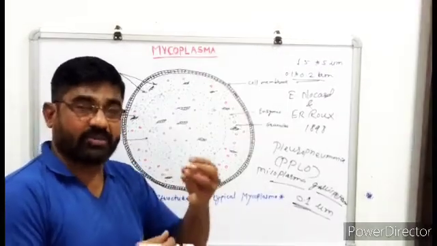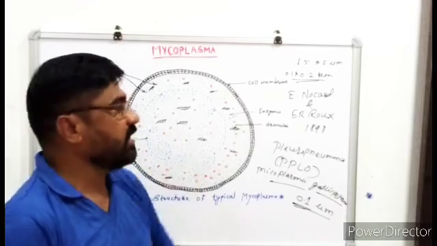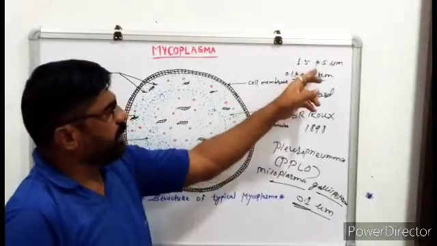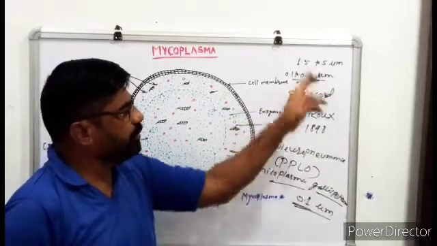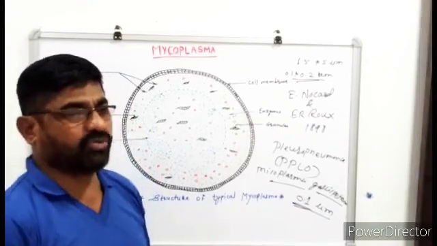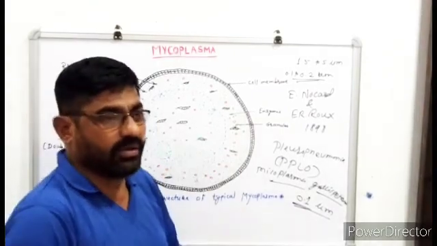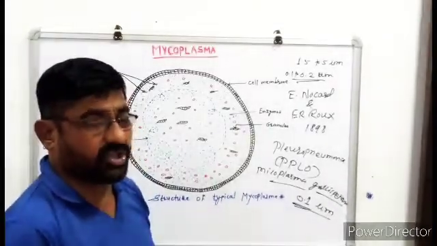They can pass through the bacterial filters because they are very minute in size. Other bacteria are 1.5 to 5 micrometers, but these are very small bacteria. There are around 100 species of mycoplasma, but today we are only looking at the general structure of the mycoplasma.